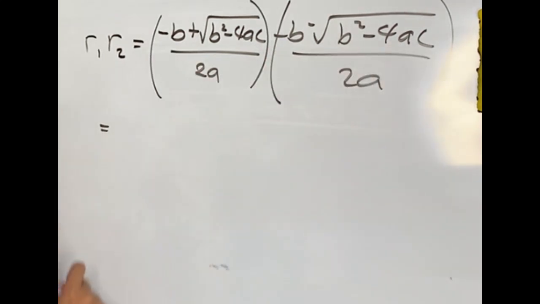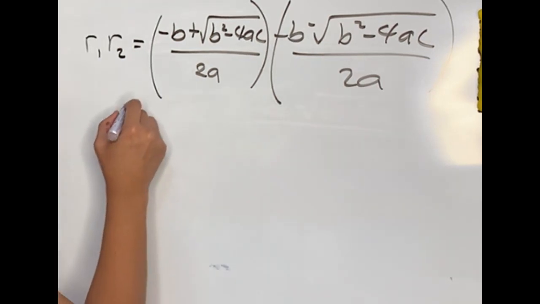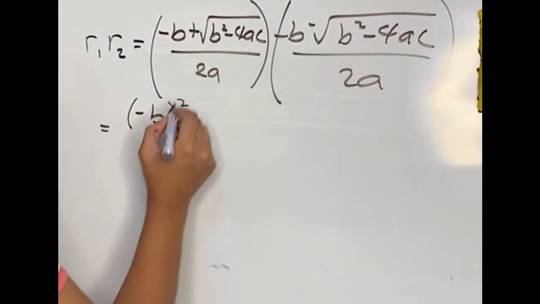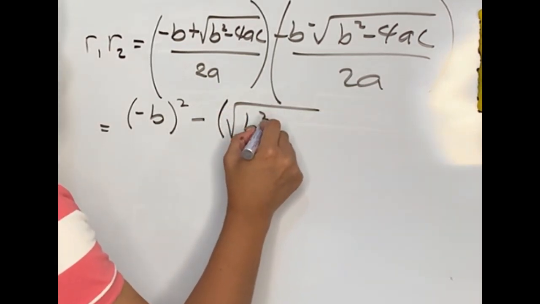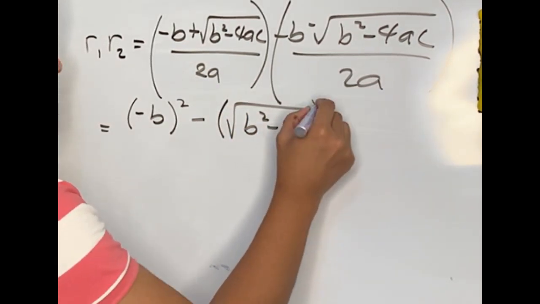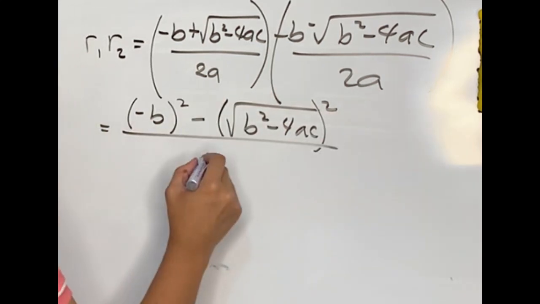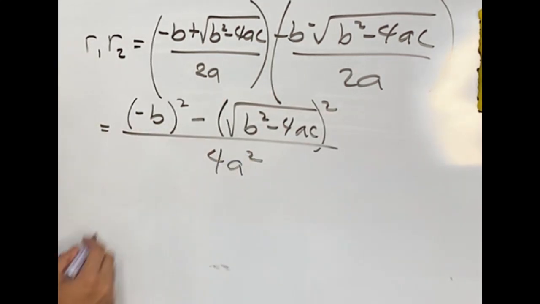The numerator is just a product of the sum and difference of two terms. So you will be having negative b squared minus the square of the square root of b squared minus 4ac, squared, all over 4a squared.